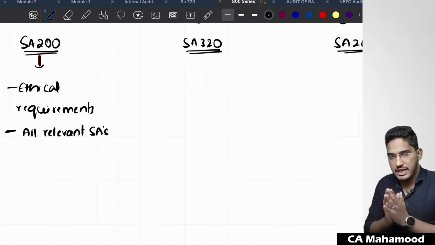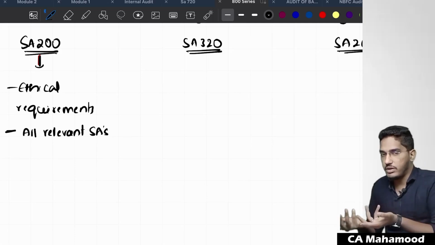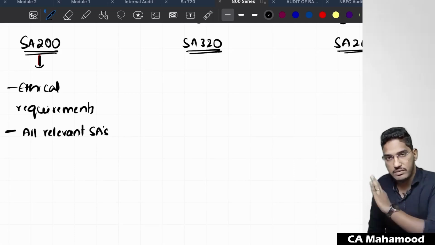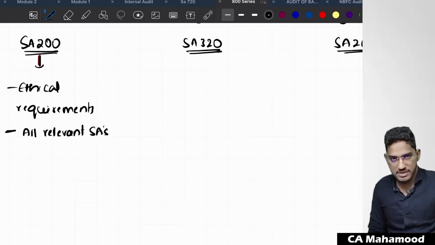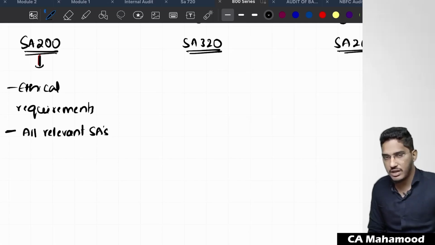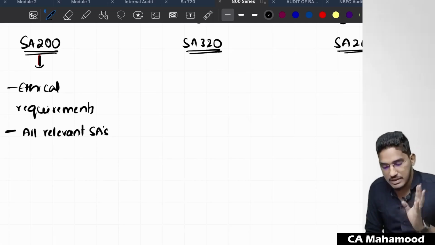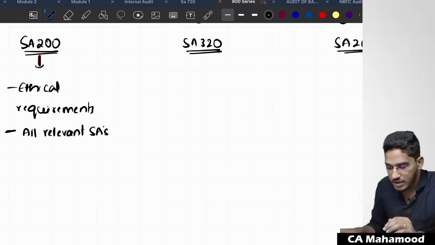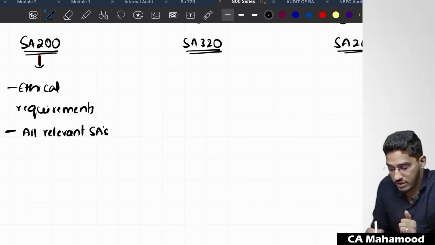So in case a certain standard is not applicable, you need not worry about it. But if a standard becomes applicable in the given case, you have to comply with all relevant standards on audit. If a certain standard is not relevant for that audit because the conditions applicable for that standard are not present, like SA 550 when related parties are not there, you can ignore that SA 550 and comply with other standards. The same thing they are trying to say here also. Understood? So you have to comply with ethical requirements, and you have to comply with all relevant standards on audit.